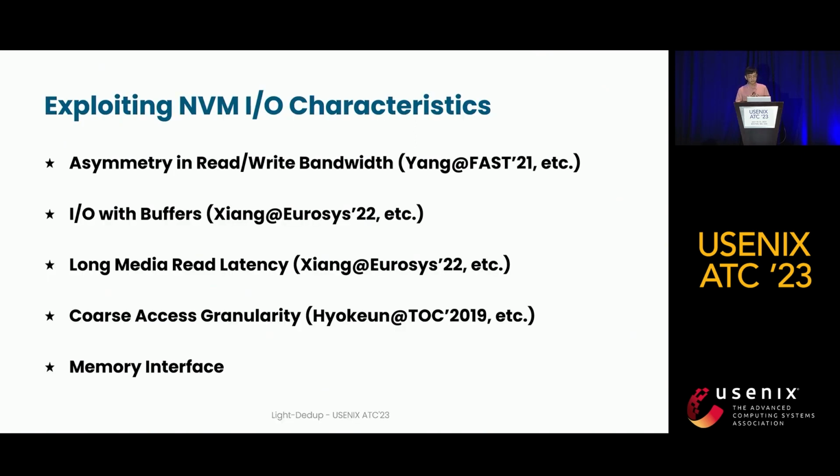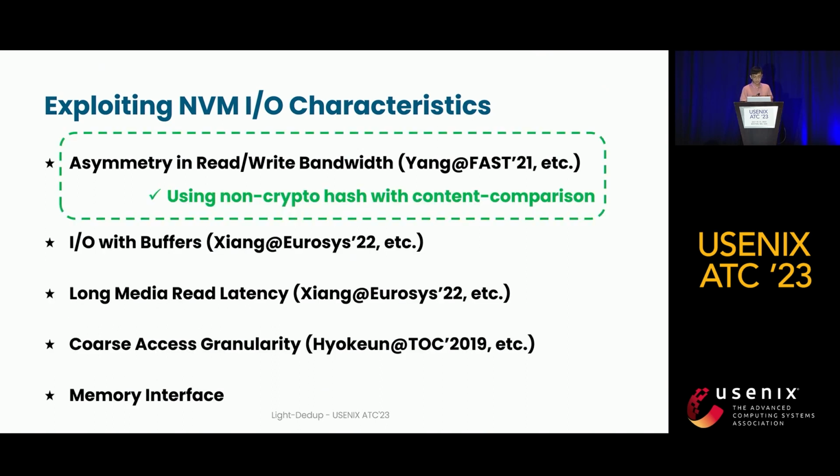To answer this question, we revisit the studies related to Optane DC PMM, PCM, and other NVM devices. We summarize 5 common features that could impact NVM deduplication. Existing works mainly focus on leveraging the I/O asymmetry feature by using non-crypto hash with byte-by-byte content comparison.